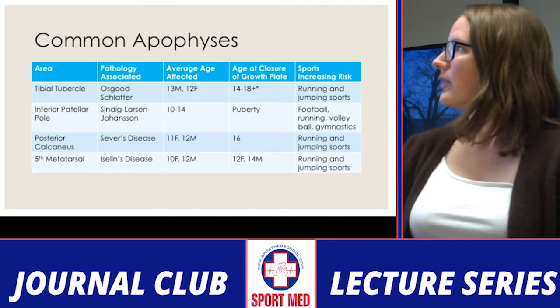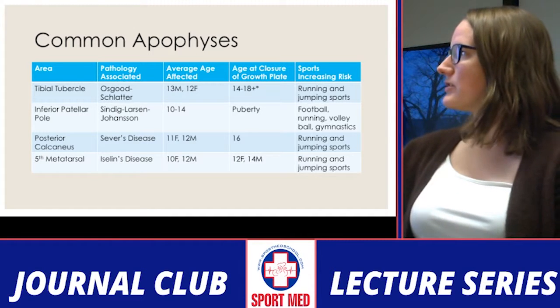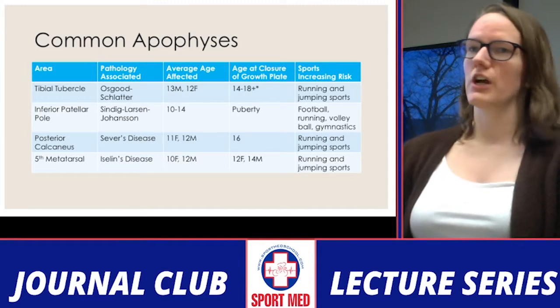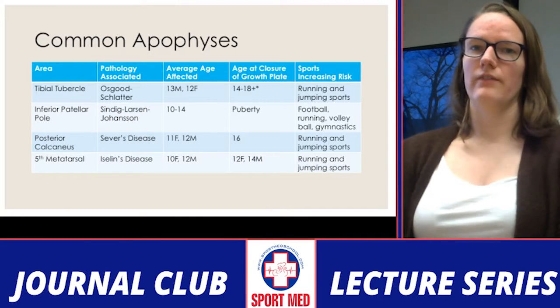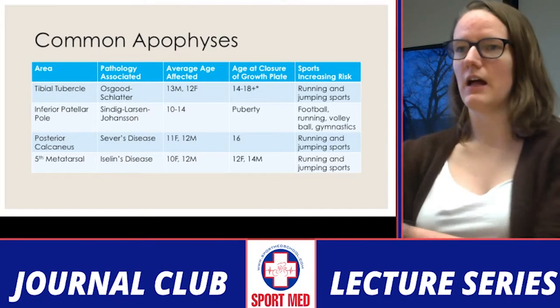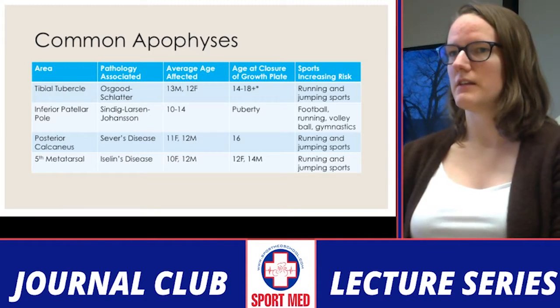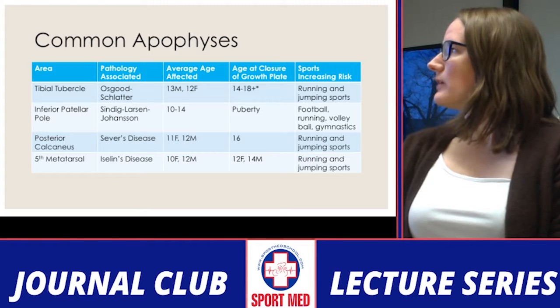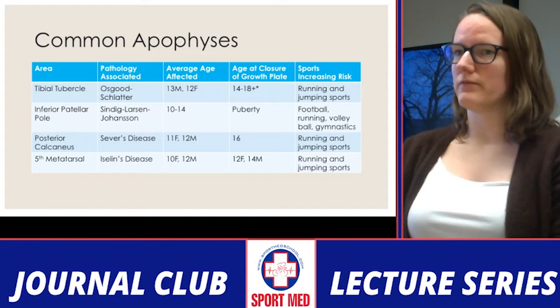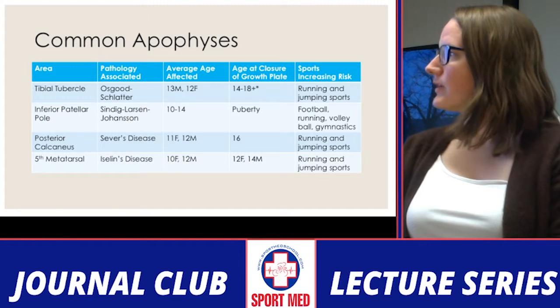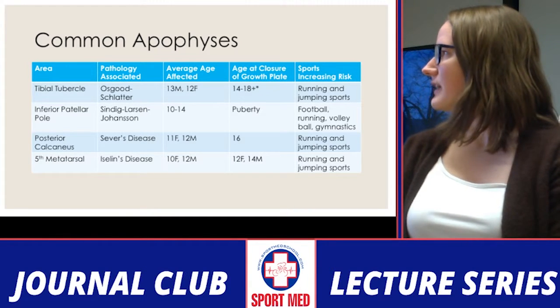And then for the rest of the body, we can see the list here. So little leaguer's elbow falls into that. And that's a traction apophysitis and valgus stress. So that's more of a UCL kind of tugging on that apophysis rather than a tendon itself. You can get olecranon apophysitis because of throwing sports as well. And then you can also get iliac and ischial apophysitis as well.